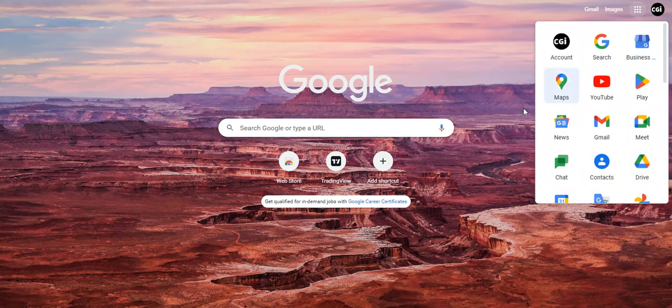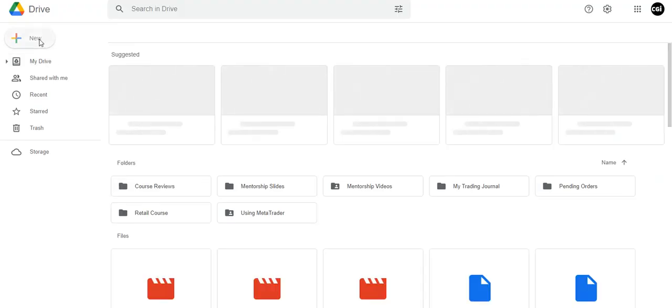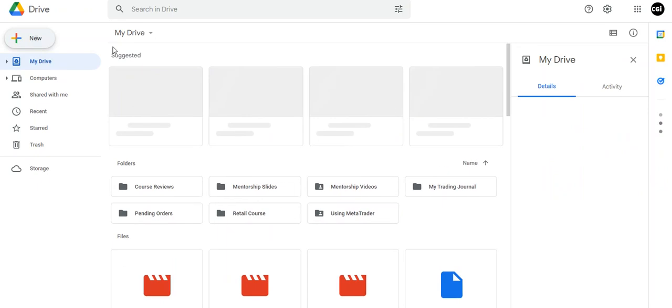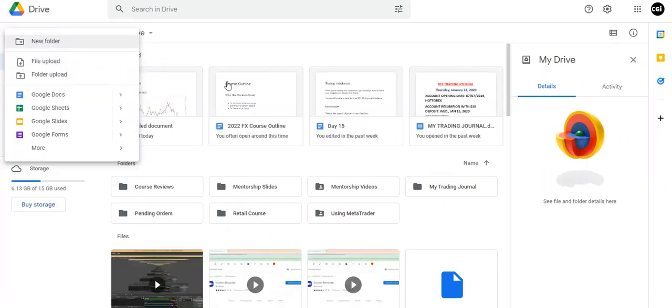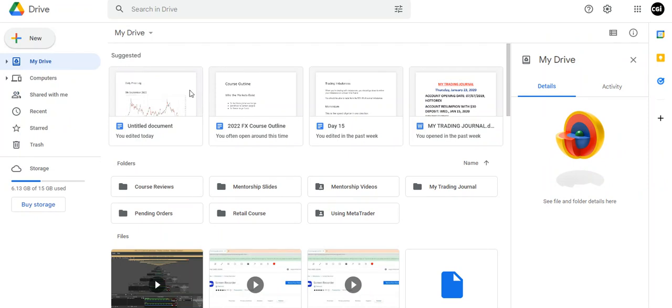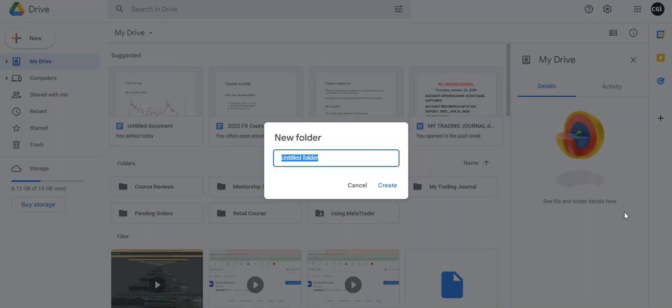What you can do is that you create a folder, all right? Then you call it your daily price action logs, all right? Daily price action logs.